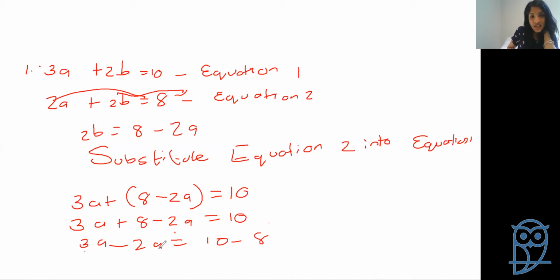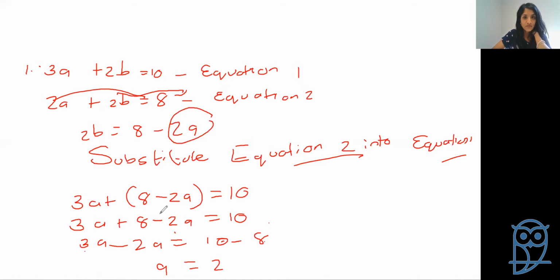And what is 3a minus 2a? It's just going to be a because its value is 1. What is 10 minus 8? It is 2. Okay, and that's how we would solve it if we substitute equation 2 into equation 1.